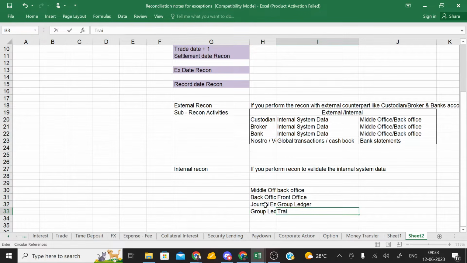and trial balance versus balance sheets, and P&L.